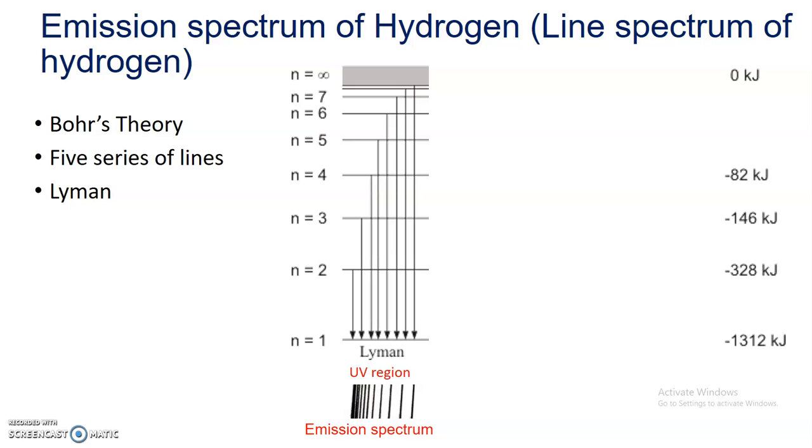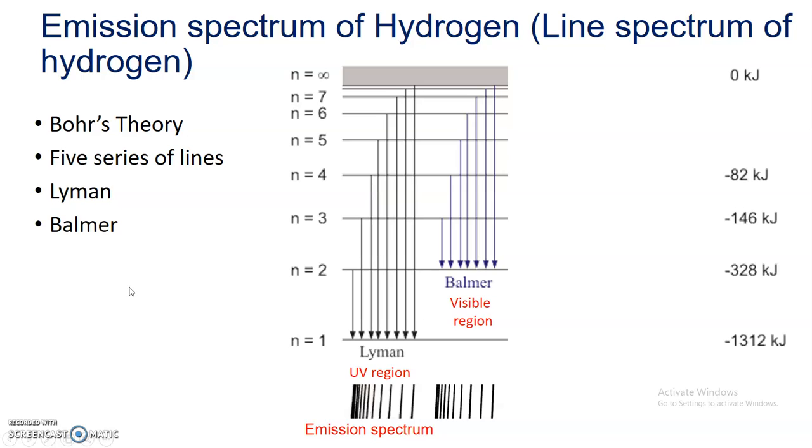So remember, in the Lyman series, the electron jumps from any higher energy level, that is, n = 2, 3, 4, 5, 6, 7 to n = 1, and such a series of lines is called the Lyman series, and these lines appear in the ultraviolet region. So this is about the Lyman series.